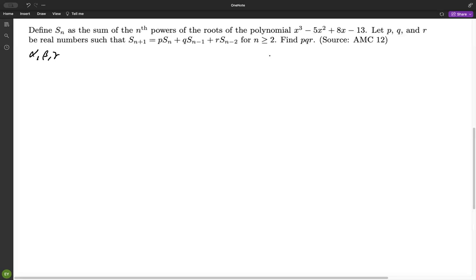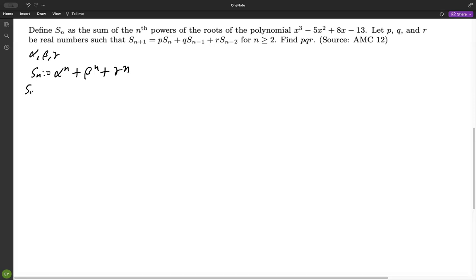And we know that S of n, by definition, is equal to alpha to the power of n plus beta to the power of n plus gamma to the power of n. And I want to write this equation in terms of alpha, beta, and gamma because that might give us something.